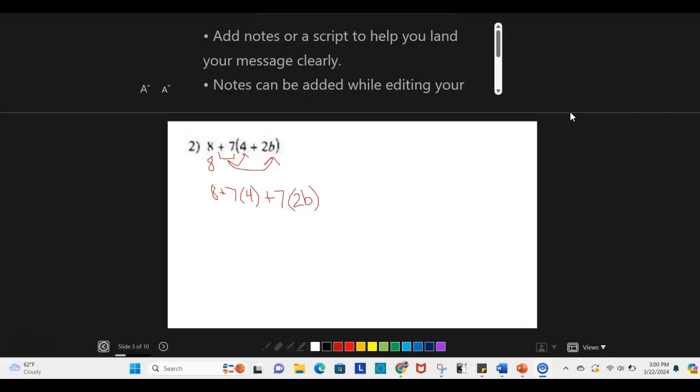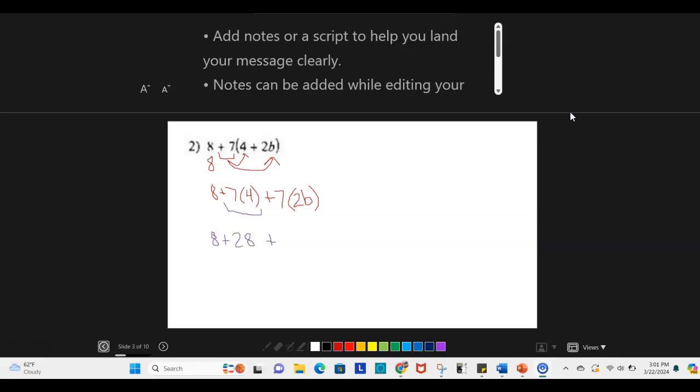So we know that in the order of operations, we've got to do this multiplication before we can try to add in that 8 there. So we're going to keep that 8. But 7 times 4 is going to give me 28. And then we have 7 times 2b.